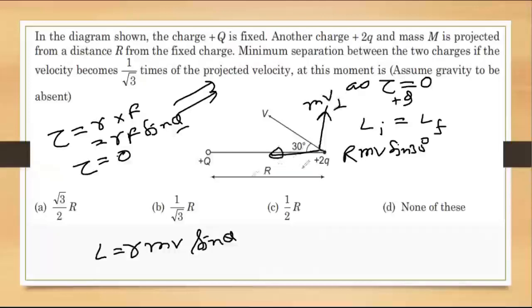R and mv will be anti-parallel, and sine 180 is 0. So only the perpendicular component will create angular momentum. So this is the initial angular momentum.